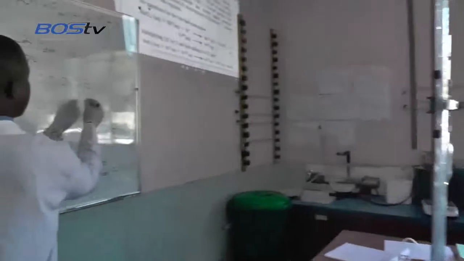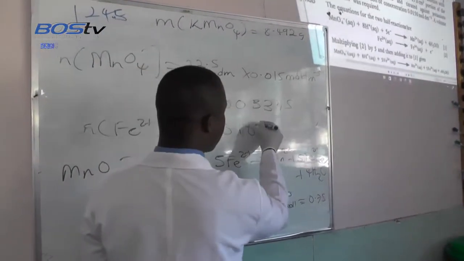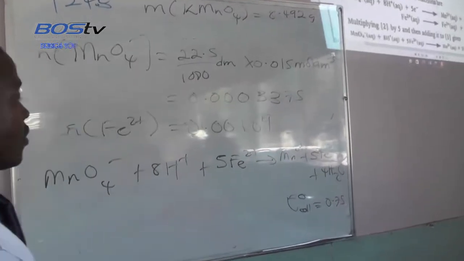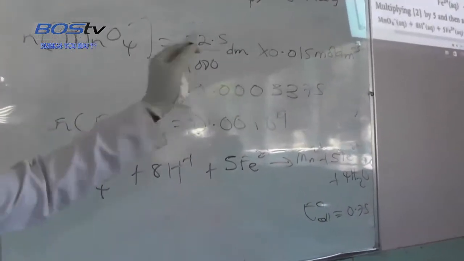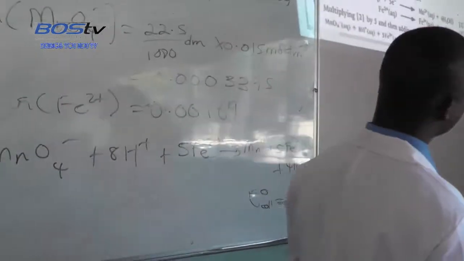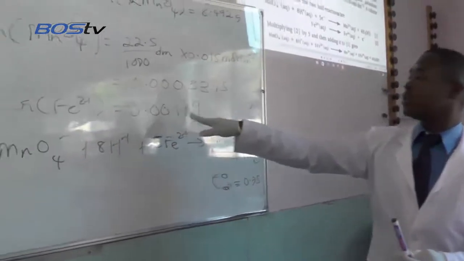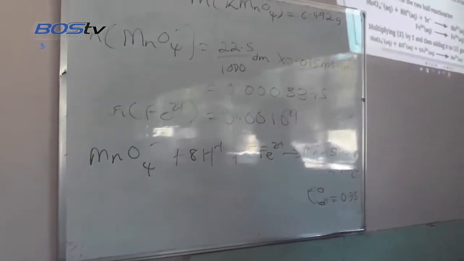Therefore, n of Fe2 plus equals 0.00168. Let's express it to 3 significant figures, which is 0.00169. So in the 25 cubic centimeters of our solution used for the reaction, there was 0.00169 moles of Fe2 plus.